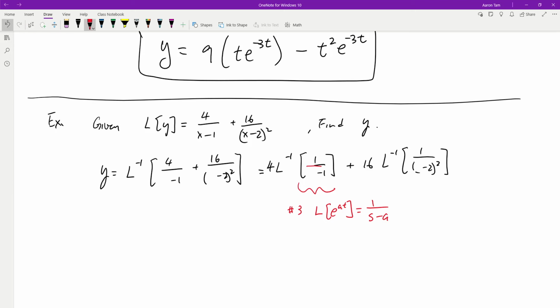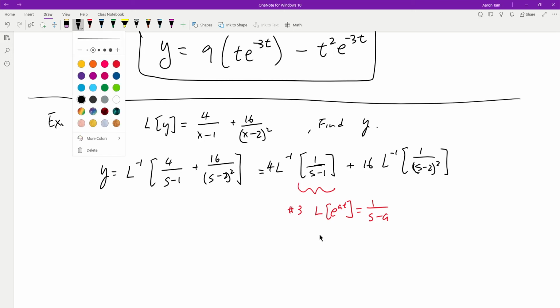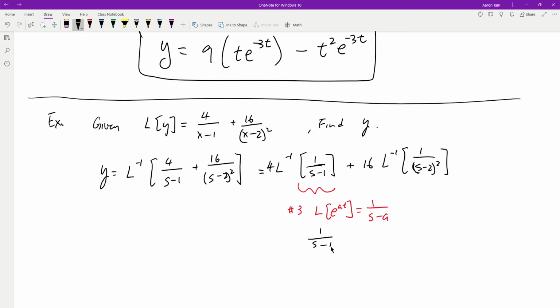Let me do that right now. There you go, much better. So that's our basic rule. So in this case, our 1 over s minus 1 already matches with a equal to 1, so I don't have to do anything. Therefore, we just have the 4 in front. That's all that is.